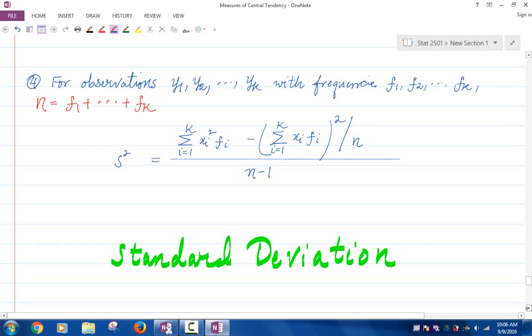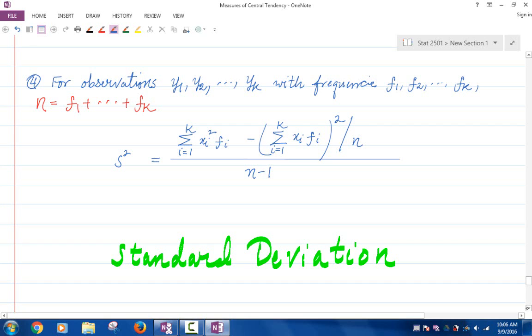Is everybody here? Formulas number 3 and 4 are exactly the same. The only difference is that you're multiplying by fi.